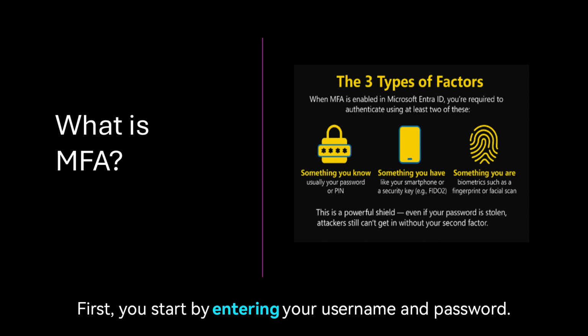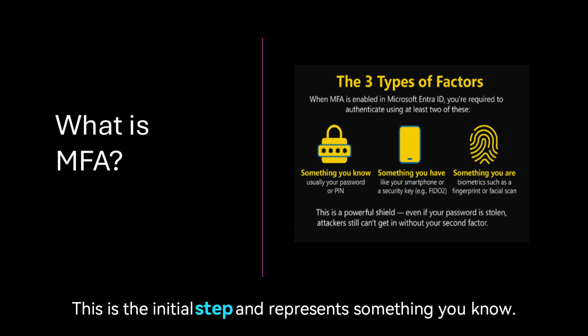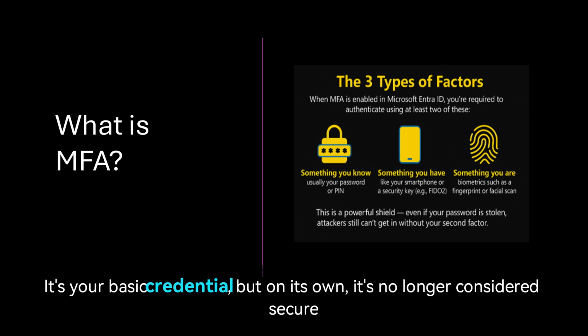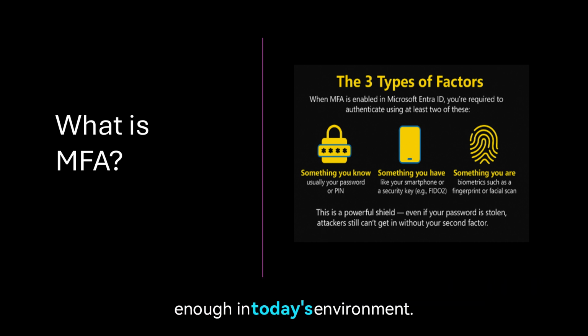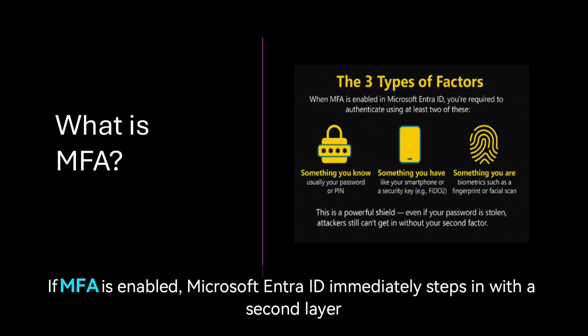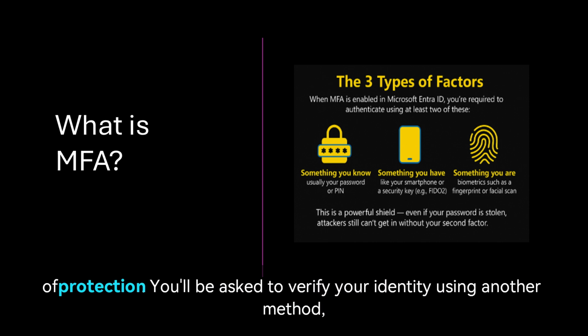First, you start by entering your username and password. This is the initial step and represents something you know. It's your basic credential, but on its own, it's no longer considered secure enough in today's environment. If MFA is enabled, Microsoft Entra ID immediately steps in with a second layer of protection.